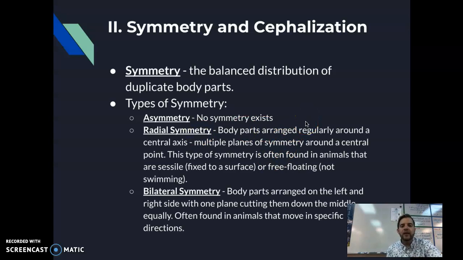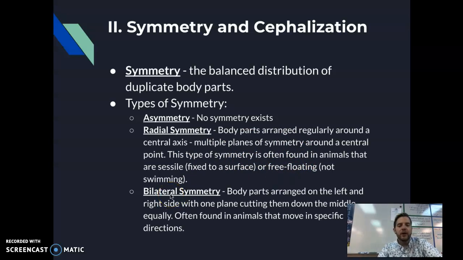So the body parts are arranged so that when you split it, for the most part, you will find that they are even throughout. This type of symmetry is often found in animals that are sessile, so organisms that are fixed to a surface, or organisms that are found in the water but are free-floating and likely had a sessile form at some point.